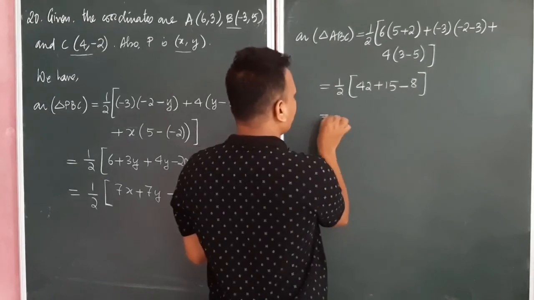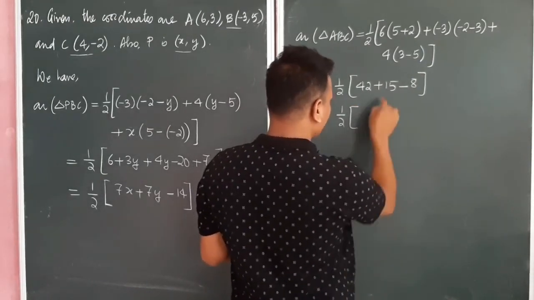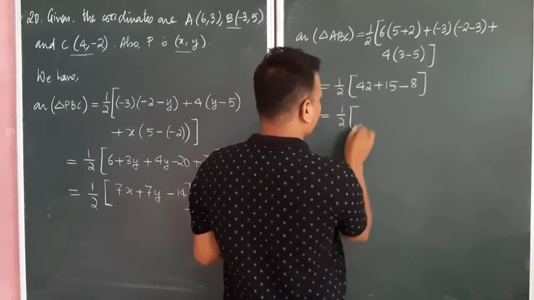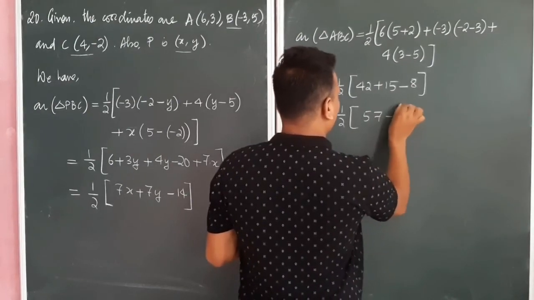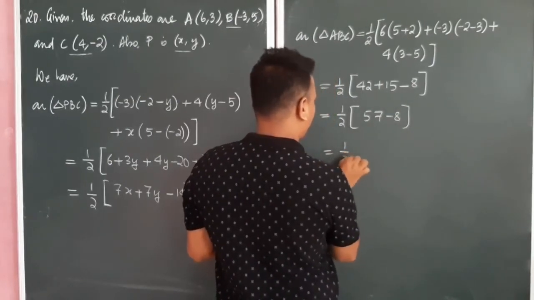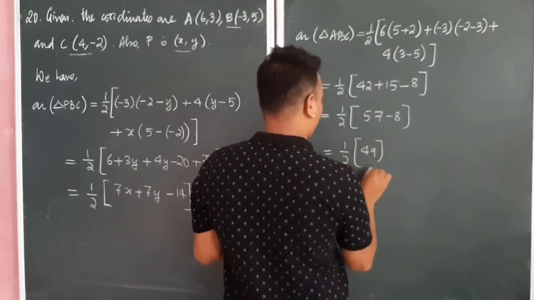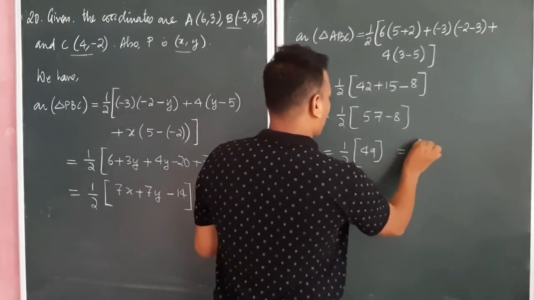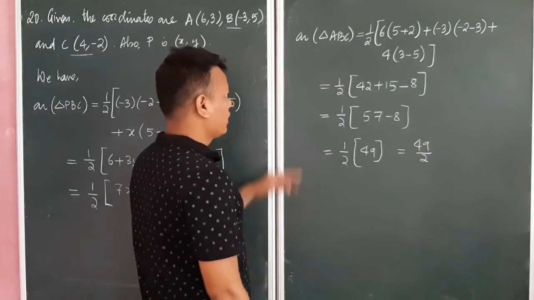Simplify this, half of 42 plus 15 is, so basically this is 49 by 2. So we found the area of triangle ABC as well.